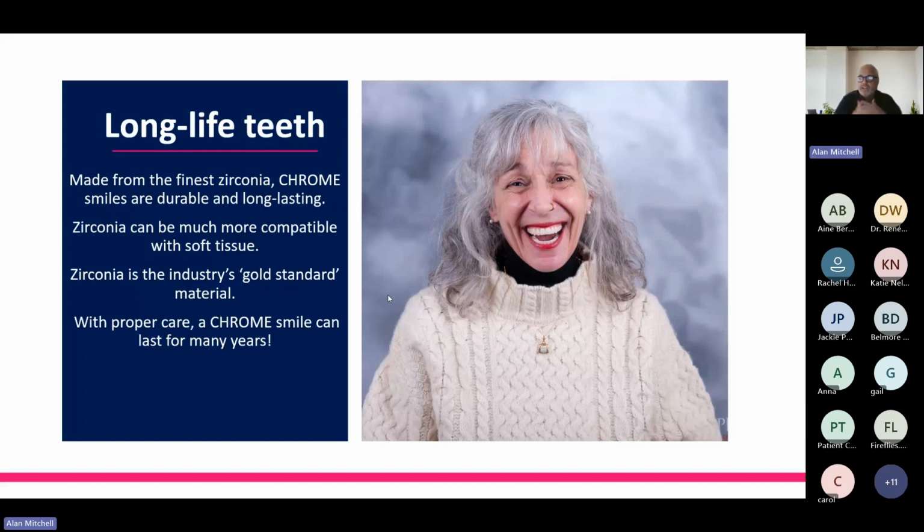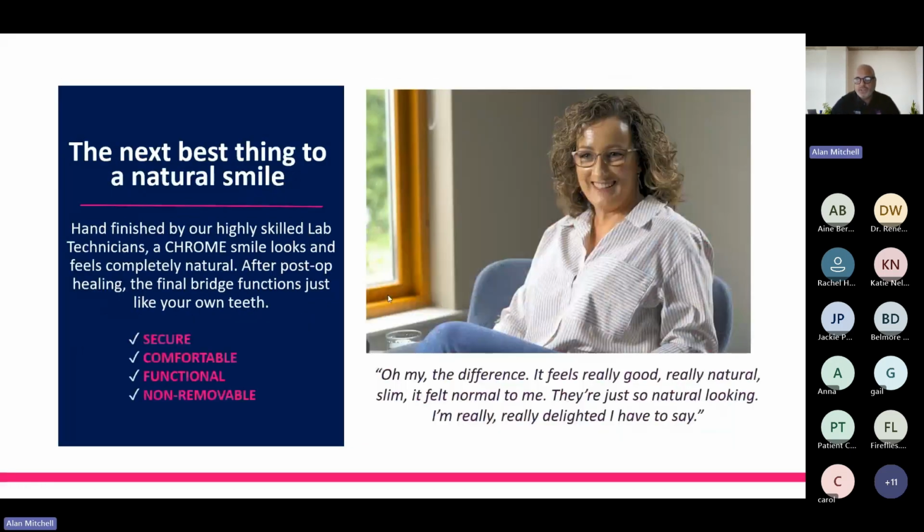Once again, as we keep going on this patient journey, we're talking about the expectations of the patients and the wording that we can use with them. We can talk about how they're going to have secure teeth, because we go for a fixed prosthesis that's screwed in. We're going to make it comfortable, because they would have gone through the whole healing process.